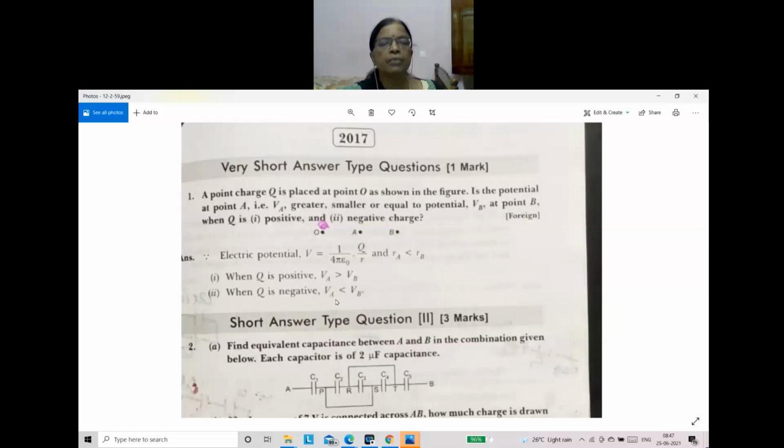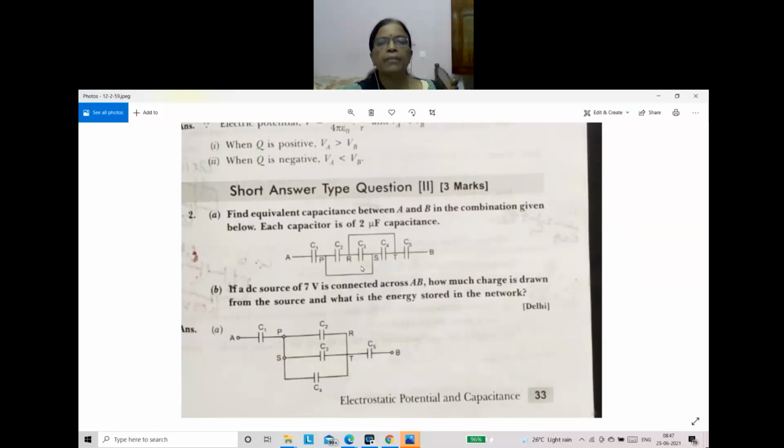Okay, children. Next question. This combination we have just studied. C2, C3, C4 are interconnected, so we connect them in parallel. Then C5 is here, C1 is here, which are not connected in parallel.